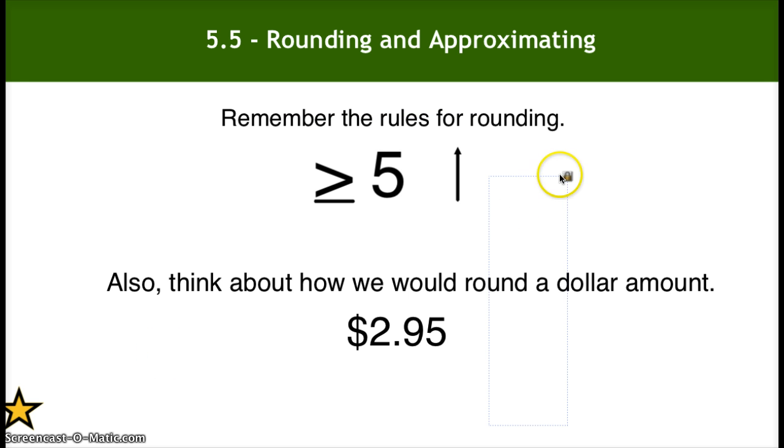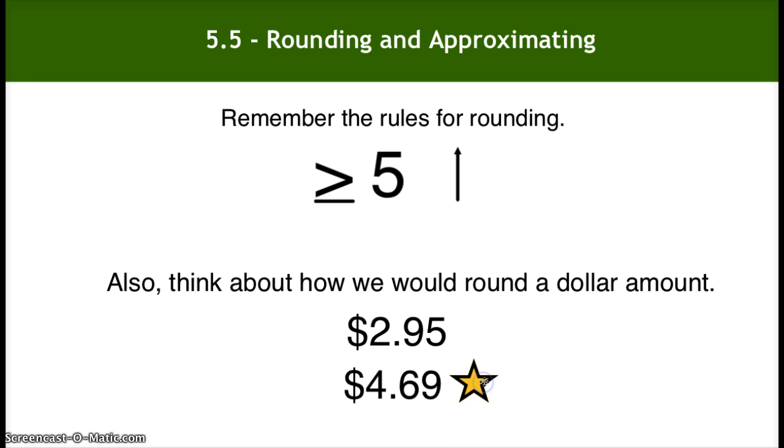We need to think about how we would round a dollar amount. So if you read this dollar amount, obviously it says $2.95. You know that that is very close to $3. So we would call that $3. If it's not as obvious, let's say we get a number like $4.69.